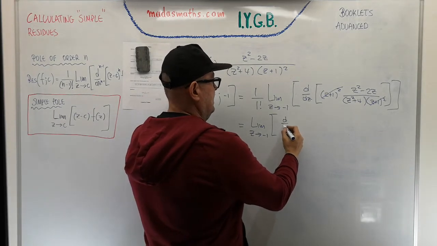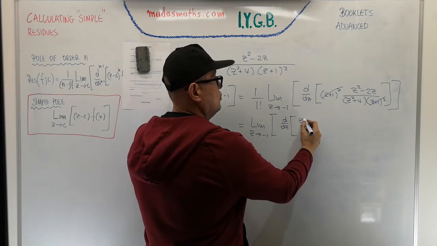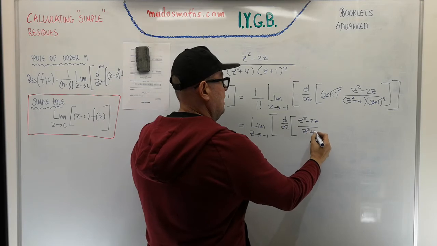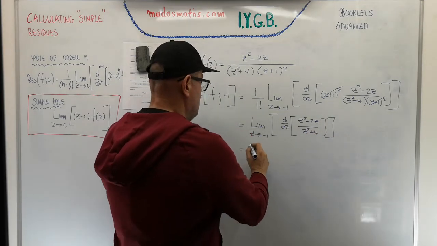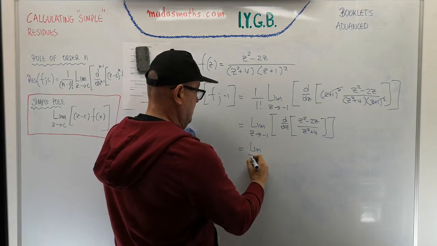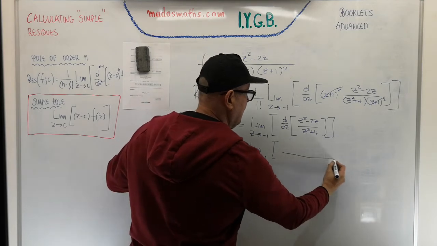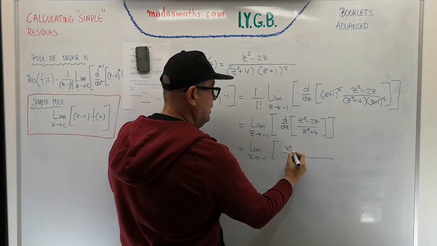So d by dz is a quotient there, z squared minus 2z over z squared plus 4. The differentiation of that comes next as z tends to minus 1. Okay, we're starting with this on the top left, z squared plus 4.